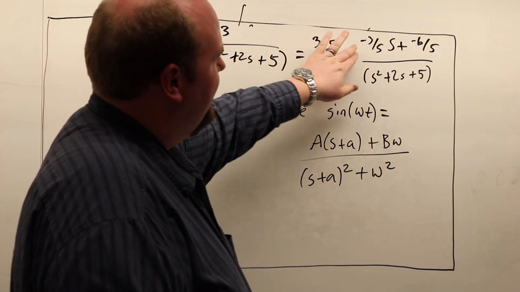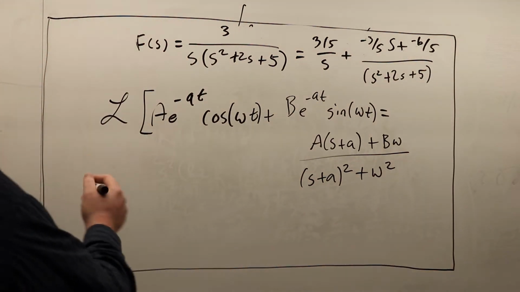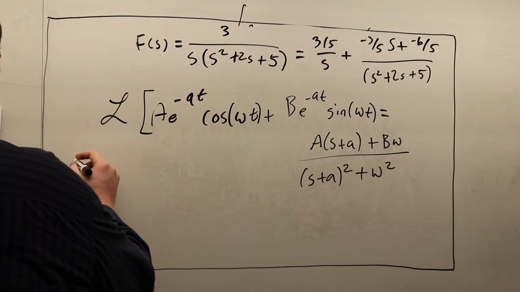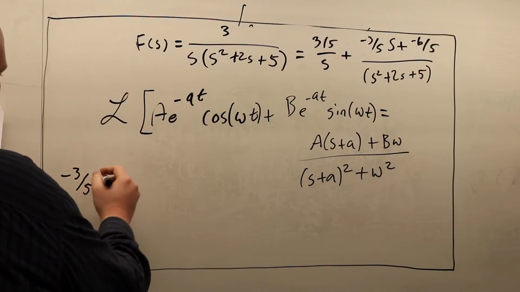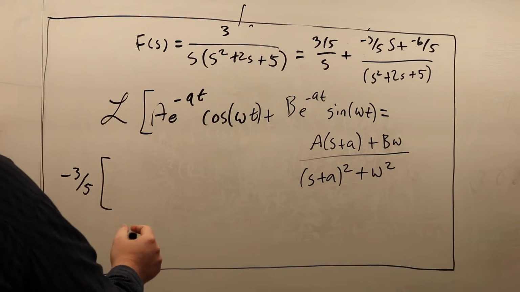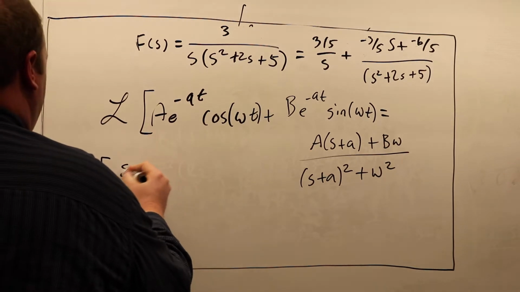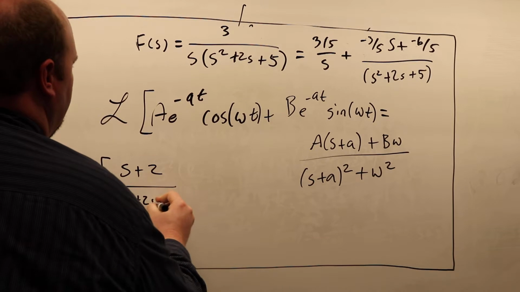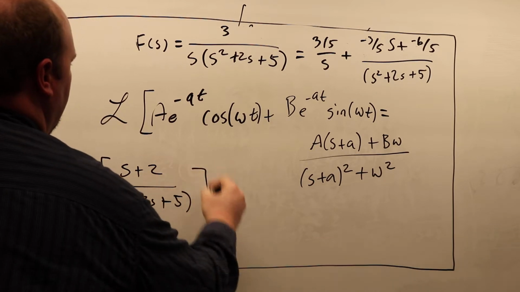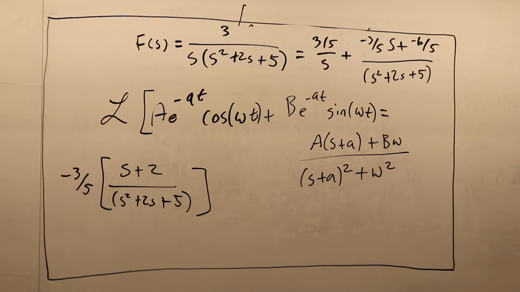I don't like these fractions in the numerator, so just to make this a little bit prettier, I'm going to do negative 3/5 times this whole thing, s plus 2 over s squared plus 2s plus 5. Same thing. I'm just going to move this negative 3/5 off to the side here and make it a little bit cleaner for myself.